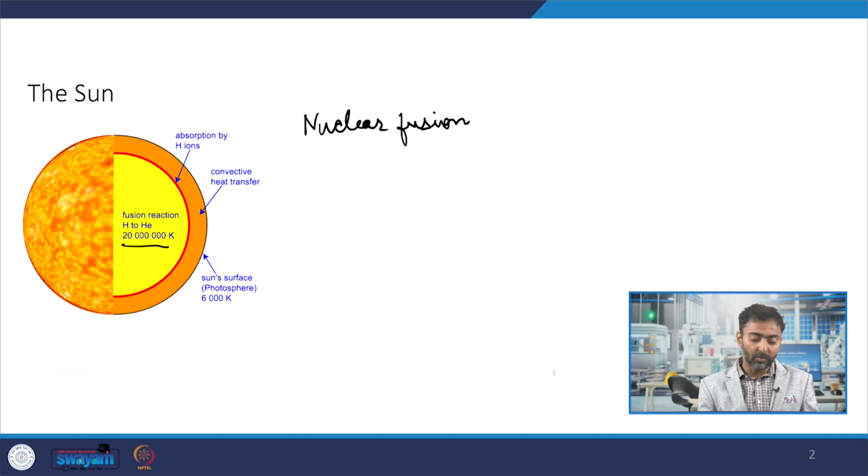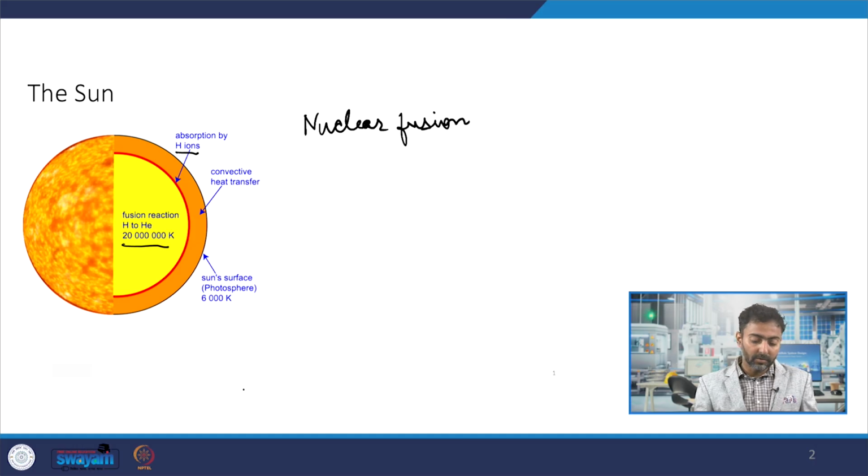So after the core, there is one layer of hydrogen ions which absorb the sun's radiation from the core. As you can see here, there is a red colored semicircle in the figure. That represents those hydrogen ions and the absorption by hydrogen ions.